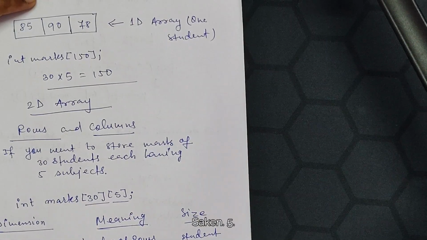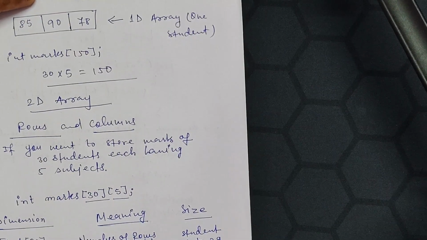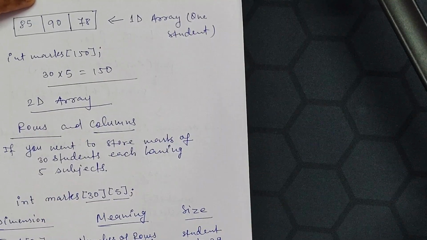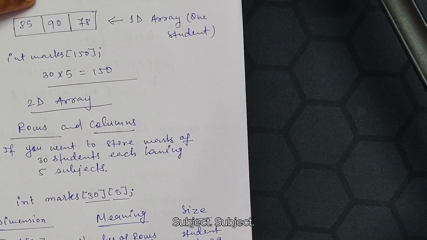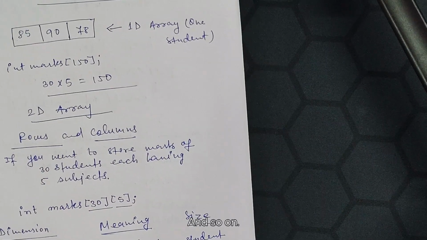Second, 5, the number of columns, that is subjects, indexed 0 to 4, and so on.